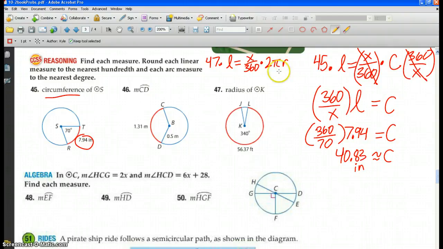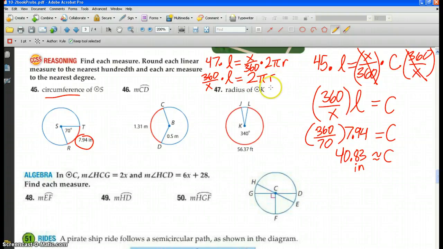To get radius by itself, first we would get rid of x over 360, so we're going to multiply both sides by the reciprocal. So we would get 360 over x times arc length is equal to 2 pi r.